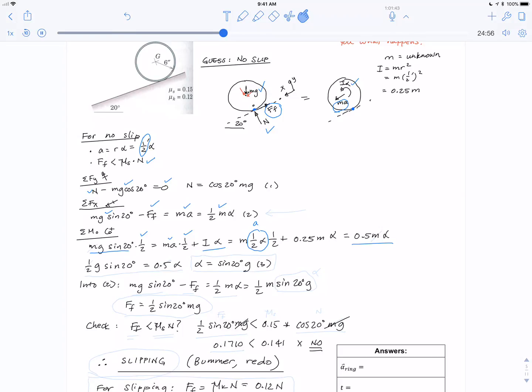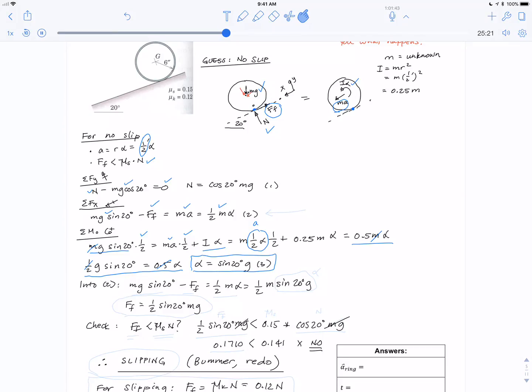If you cancel the M's on both sides, so mg sine 20 degrees equals 0.5 M alpha, you get 1/2 g sine 20 degrees is 0.5 alpha, and the halves cancel, so you end up with alpha equals sine 20 degrees times g.